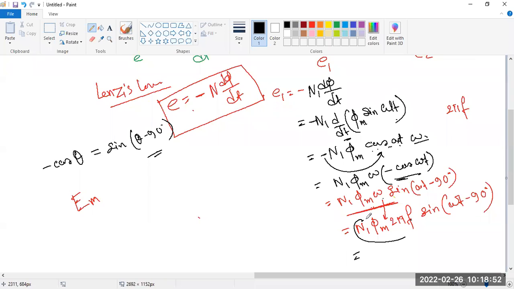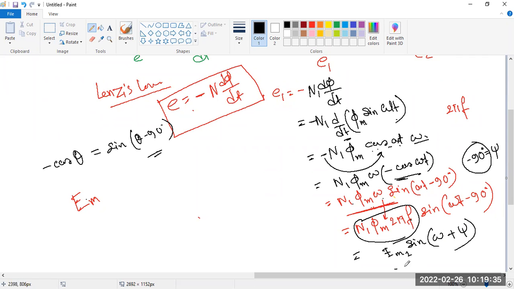For your convenience, we make this em, and the 1 is for the primary. Just remember this notation. Sine omega t, and we take minus 90 degree as the symbol psi, so psi means minus 90 degree.